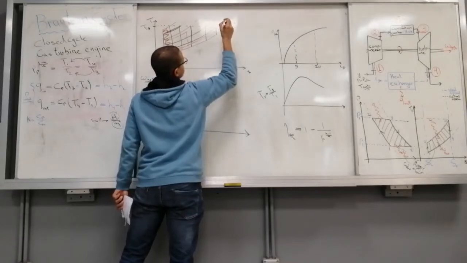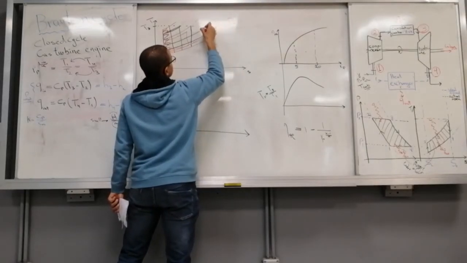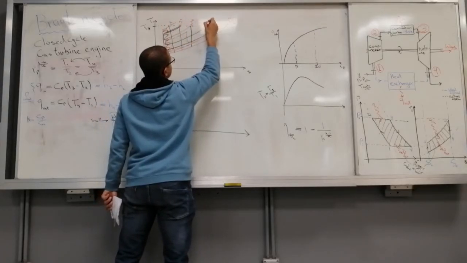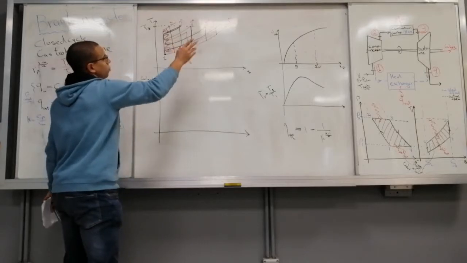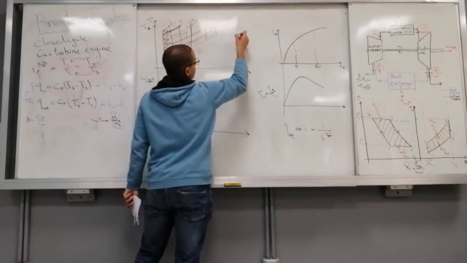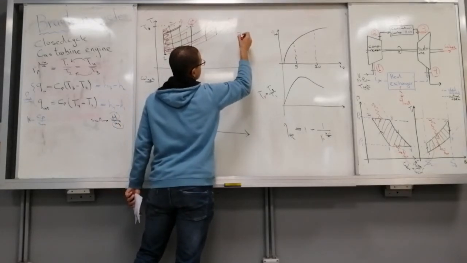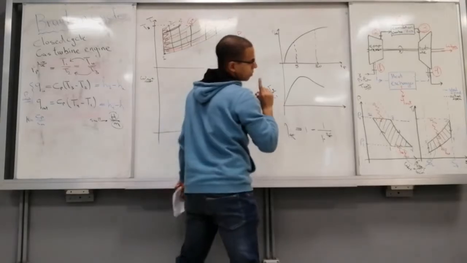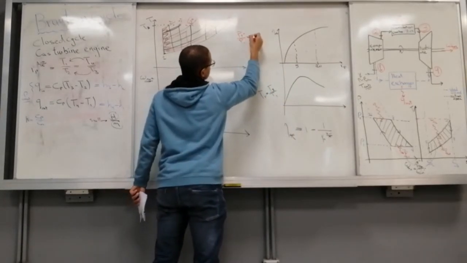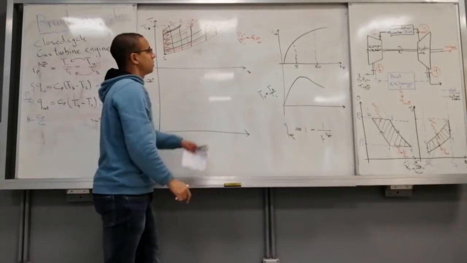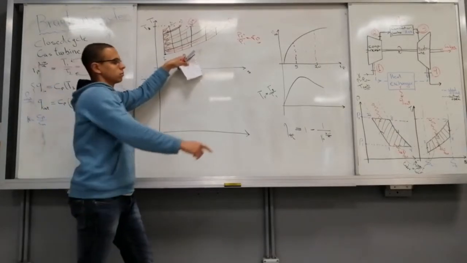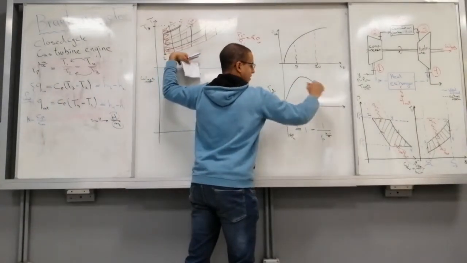If this is P1, and all these points are 3, 3 dash, 3 double dash, 3 triple dash, then at some point here on the drawing, at 3 double dash, P3 double dash over P1 is the pressure ratio. Thus, for some pressure ratio, I have the maximum work output, which peaks and then goes down.